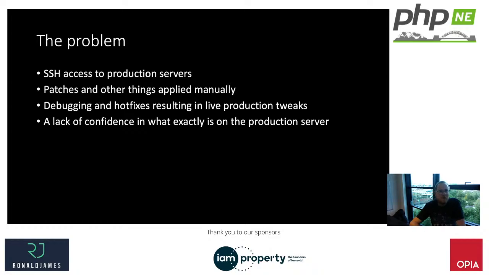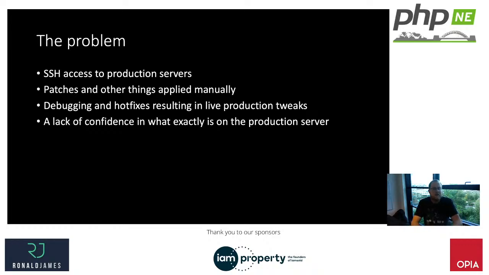So the problem that I want to talk to you about today is if you've got mutable infrastructure. This tends to happen when you've got SSH access to production servers. That allows for system administrators and other people to log into servers. Maybe they'll manually apply some patches or hotfixes that need to be run.